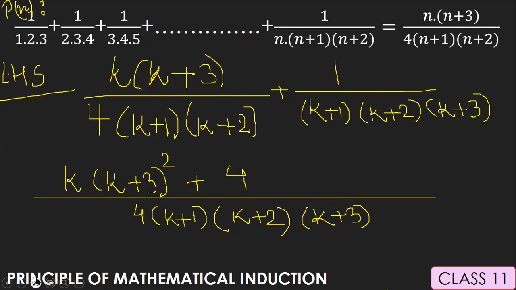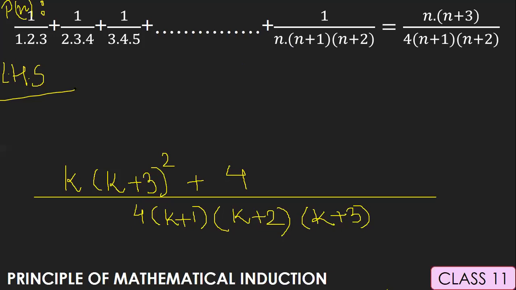Now let us solve it further. So your next step would be k into k square plus 2ab. You need to open this identity, a plus b whole square. So it would be k square plus 2ab. That would be 2 into k into 3, a into b.